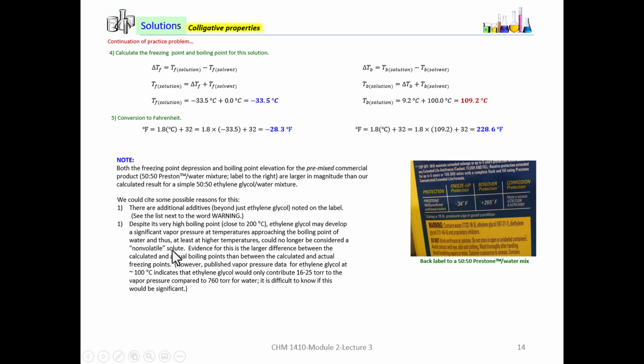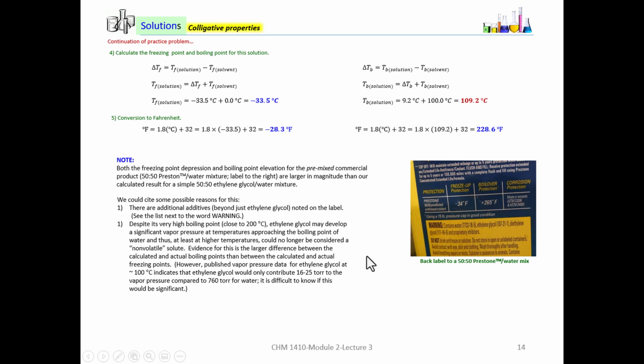Remember, we said that all of our assumptions about vapor pressure lowering and so forth are based on the fact that we're using systems with non-volatile solutes. Now, evidence for this theory would be that there's a larger difference between the calculated boiling point and what's on this bottle than between the calculated freezing point and what's on this bottle.